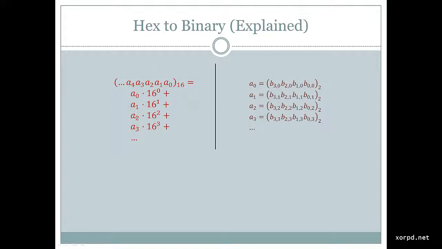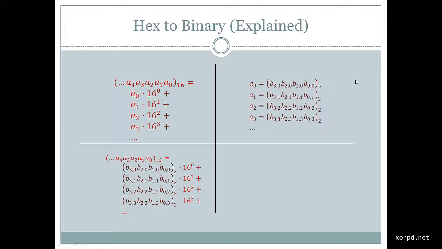In this part, we wrote part of the equation in new lines, so it could be easier to understand. If we take those new representations for A0, A1, A2, A3, and so on, and put them inside the original equation, that means we just take this A0 and replace it with this number, and take A1 and replace it with this number, and so on.